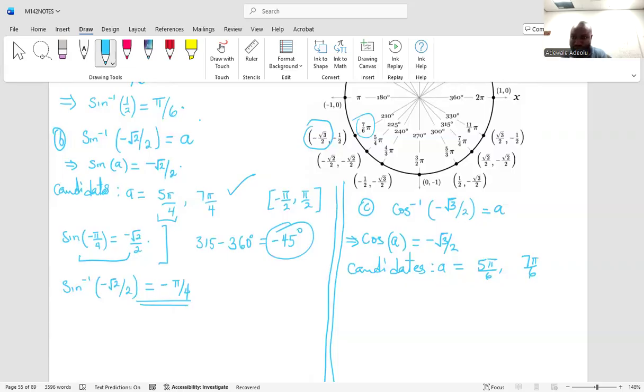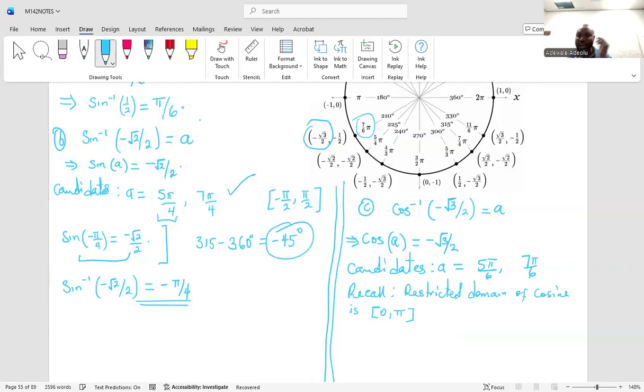Recall, the restricted domain of cosine is from 0 to pi.